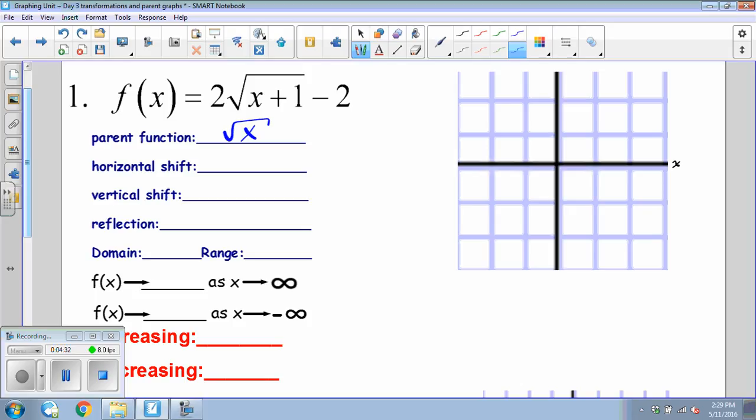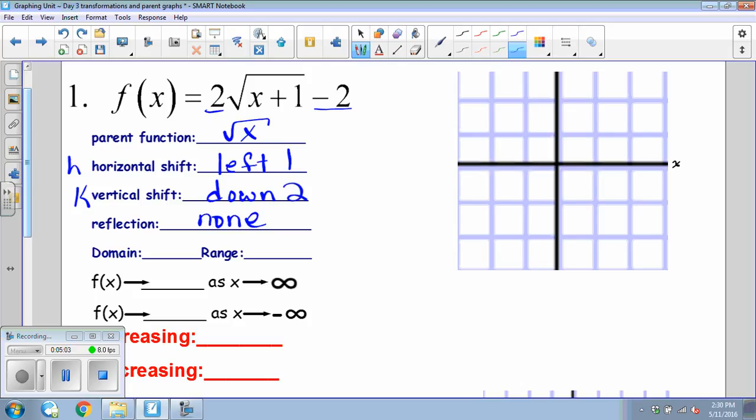It was shifted, remember, the horizontal shift is h. H is negative 1, so it's shifted to the left 1. K is your vertical shift. K is negative 2, so it's shifted down 2 units. A is positive, so there's no reflection.